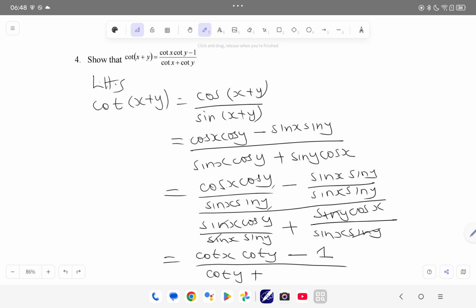Cos x over sin x is cot x, which is the same as our right hand side as required in the proof.